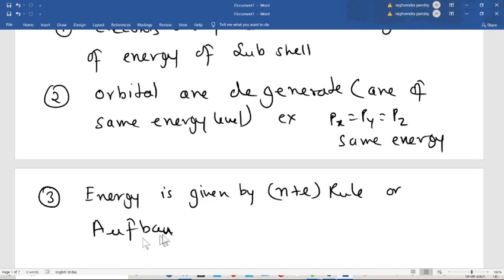Aufbau is a German word for building something. Aufbau is not the name of the scientist. Building up is the German word. N plus L rule.